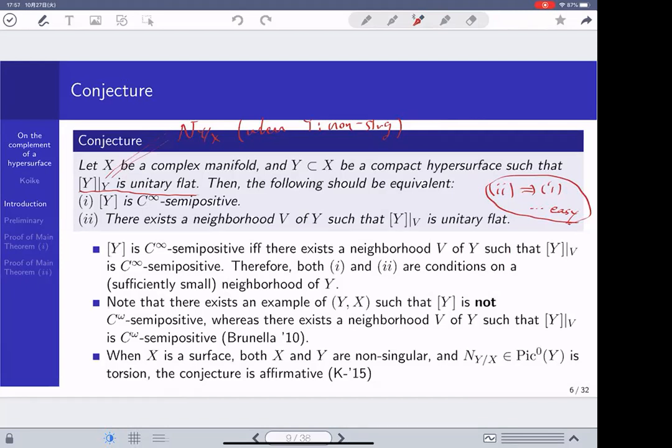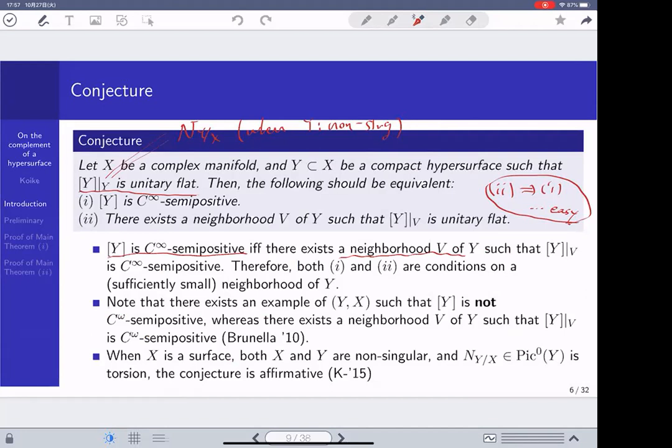There are 3 remarks. The first remark is this. Y is C infinity semipositive if and only if there exists a neighborhood V of Y such that the restriction is C infinity semipositive.